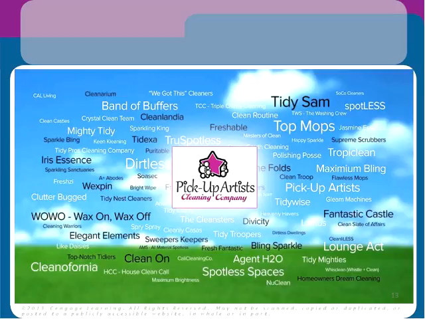What else do we have? Tidy Sam, Top Mop, Pickup Artist, which wound up being the one that they chose. Bling Sparkle. Bling Sparkle to me really doesn't tell me what they do. They're trying to be interesting though. What else? New Clean. There was one that I thought was really strange. Tidy Troopers, Happy Sparkle, Spotless. We Got This Cleaners. I kind of like that because a lot of people say the term, you know, we got this.